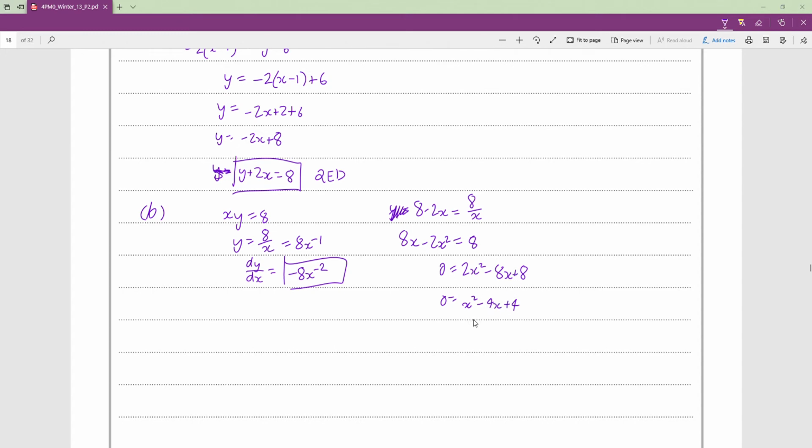And you may find this to be a pattern you've seen before, because this is actually (x minus 2) squared. So, in fact, because this is squared, it actually tells us immediately that this is a tangent. The differentiation here was unnecessary.